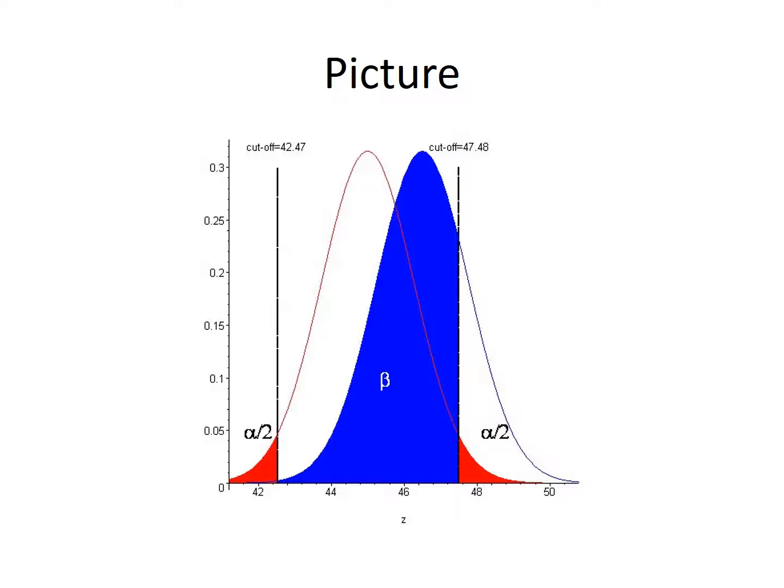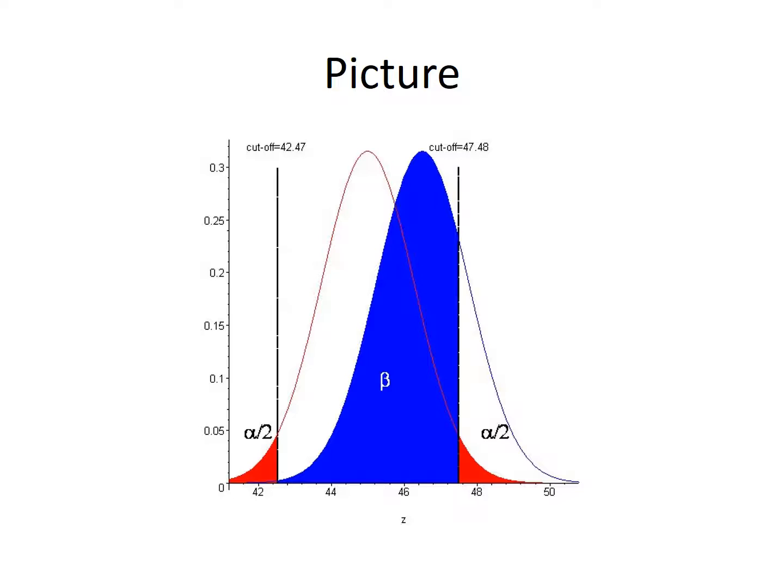And remember that beta is the probability of failing to reject the claim. So it has to be under the new curve, but not sharing the same shaded region as what is shaded in red from the old curve. And I know that sounds like a lot, but just remember what beta means. Beta is the probability of failing to reject a claim that is inaccurate.